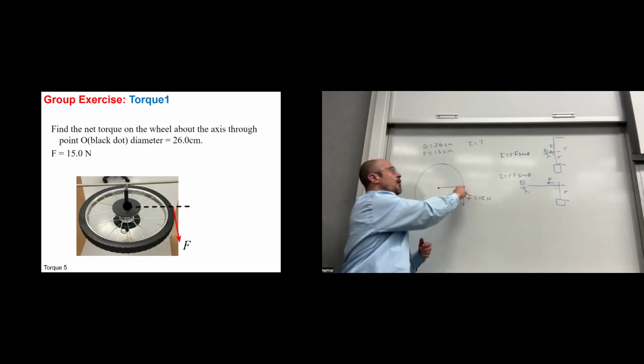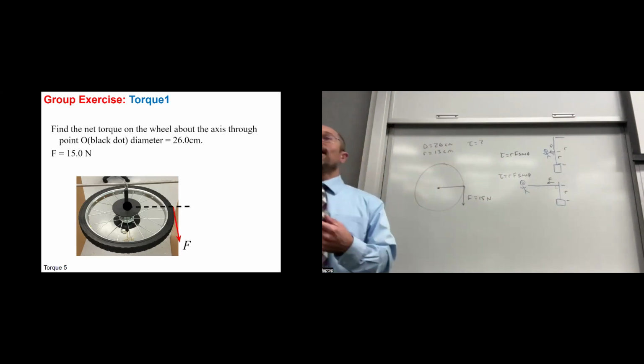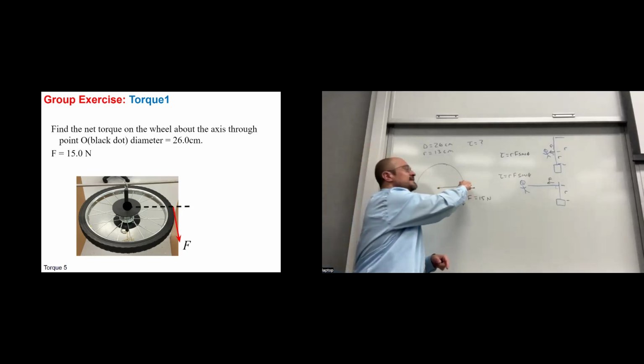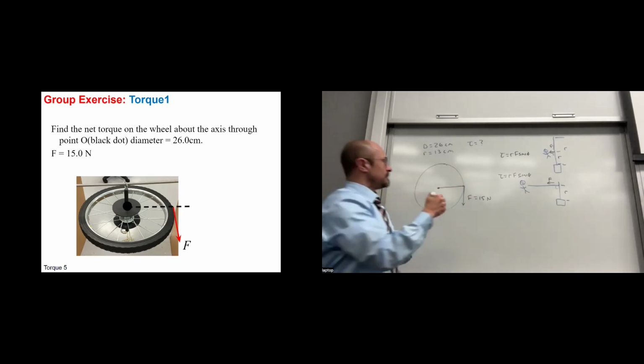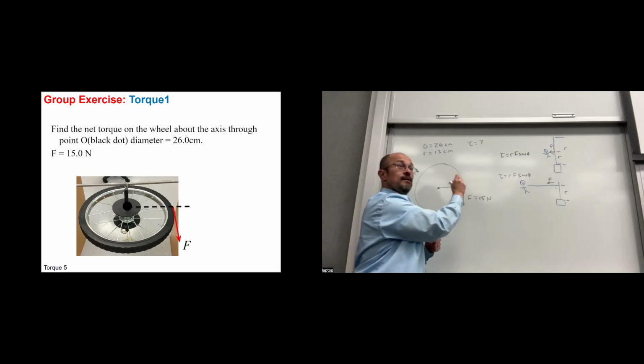Now, the next part is that all points on the edge of the circle are what from the center? The same distance because they're all at R away. And all points on the edge of the circle are tangent to the circle at the point. So at every point, this is a right angle to the radial distance.